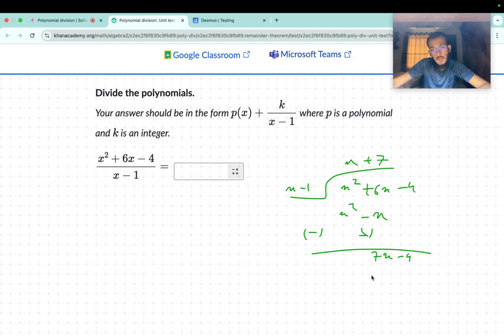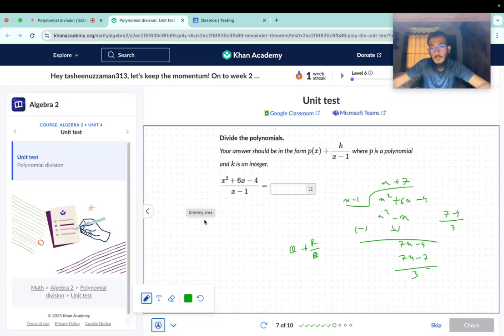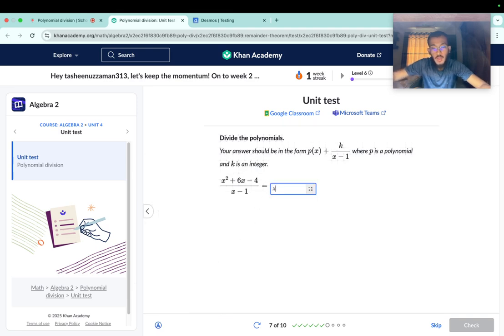Also take 7, 7x minus 7. What is the remainder? We have positive 7 minus 4, so 3 is the remainder. So quotient plus remainder over divisor: the quotient is x plus 7, plus 3 upon x minus 1.